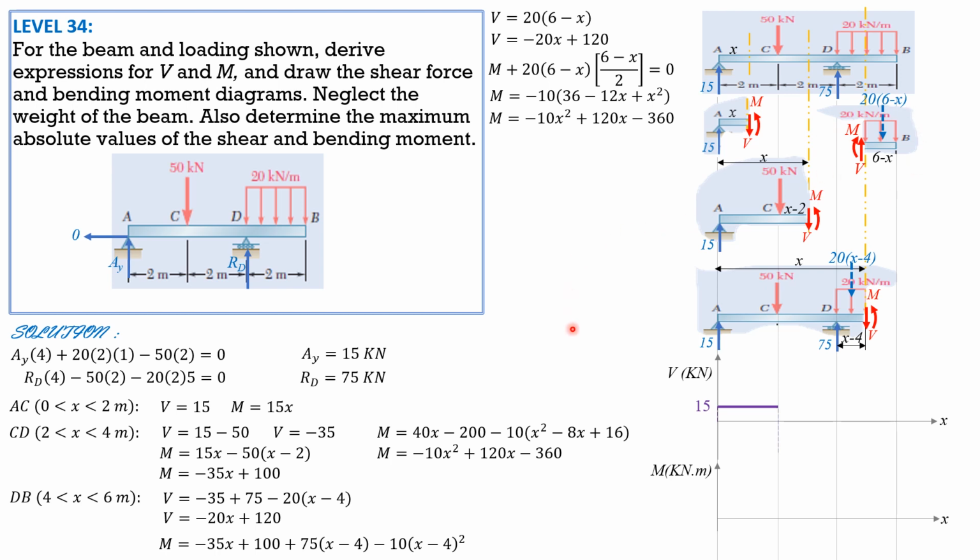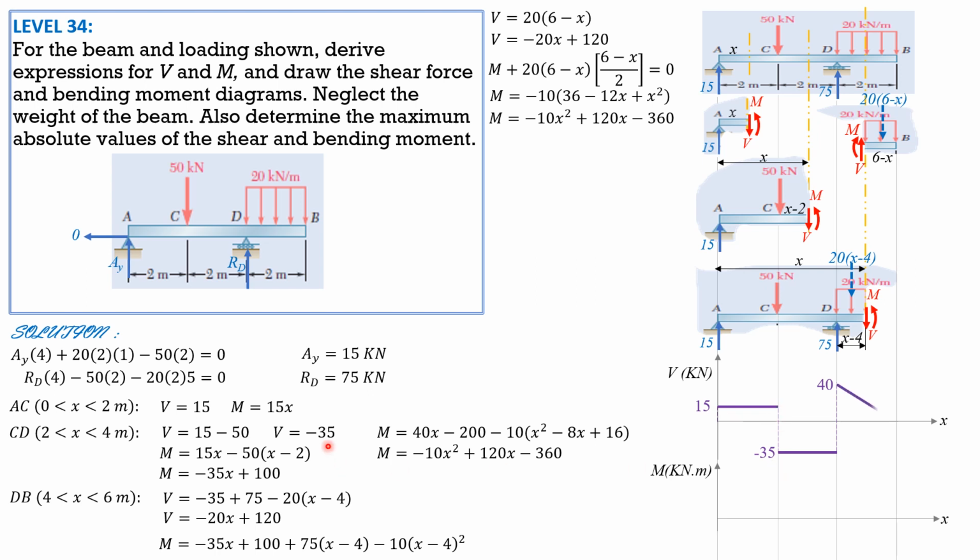So we now plot the shear diagram. So first for AC, it is 15. Then constant, when x is 2, it is also 15. So for AC, it's entirely 15. For CD, when x is 2, it jumps to negative 35 directly. So negative 35 here.